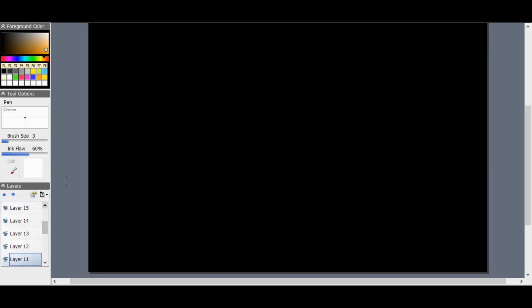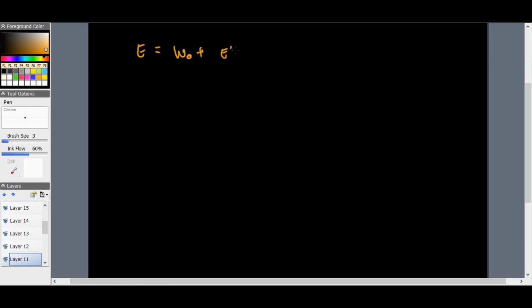So obviously we had this formula, E is equal to the work function plus EK, or EK max. The maximum kinetic energy: if the energy of a photon is greater than the work function, the emitted photoelectron will obtain additional kinetic energy.